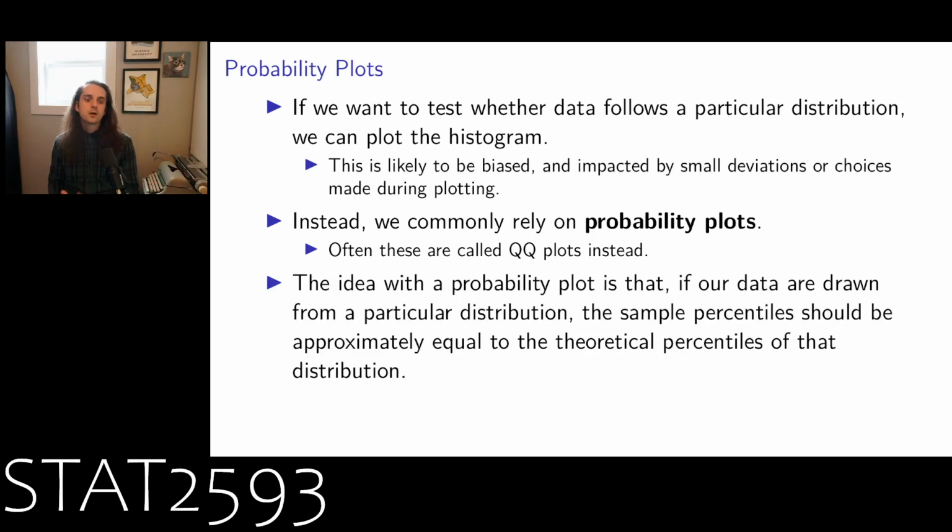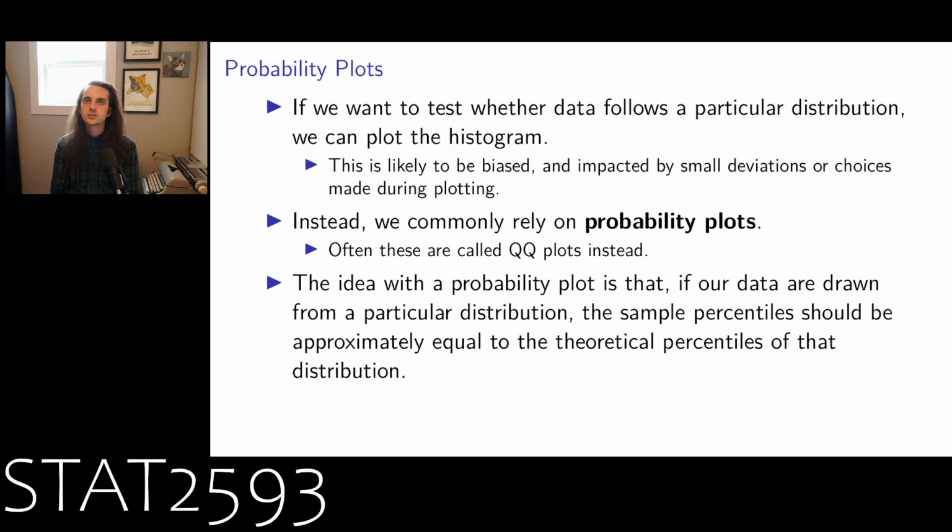Now, with a probability plot, our idea is basically that if our data are actually drawn from a particular distribution, then the sample percentiles and the theoretical percentiles should line up approximately. Right?